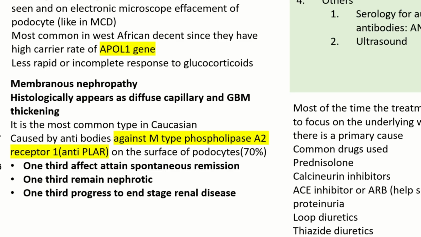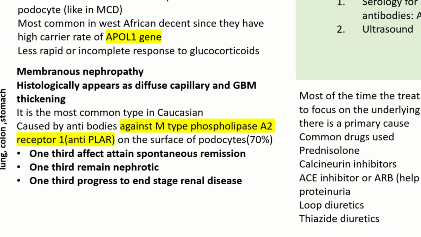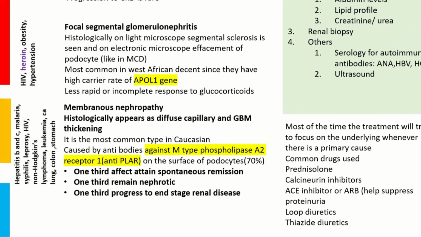Then there is membranous nephropathy, which is due to diffuse thickening of the glomerular basement membrane and diffuse capillary thickening. That is what you see on histology, and it's the most common type in the Caucasian population, or white people, and it's associated with the M-type phospholipase A2 receptor on the surface of the podocytes.